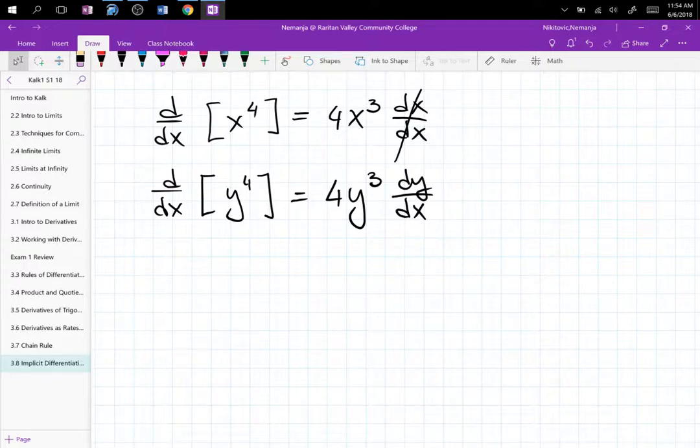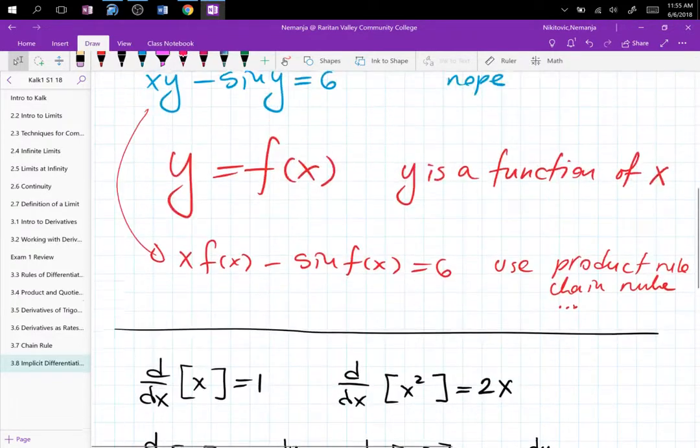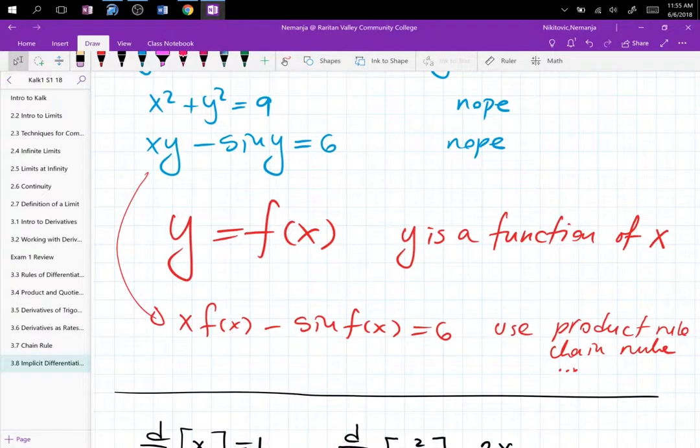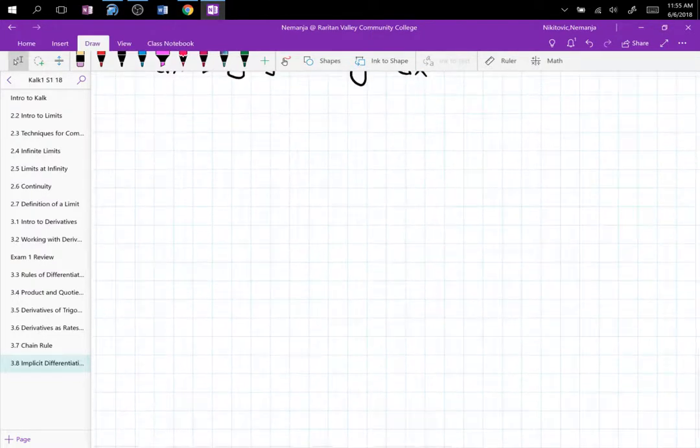It was always there. Now we need that piece, and it has to stay because dy and dx don't cancel. And it comes from the simple chain rule. I wrote it here in red, that y is a function of x. So when I'm taking the derivative of y, I better have that y prime following, and y prime, a different way to write it, is dy dx.